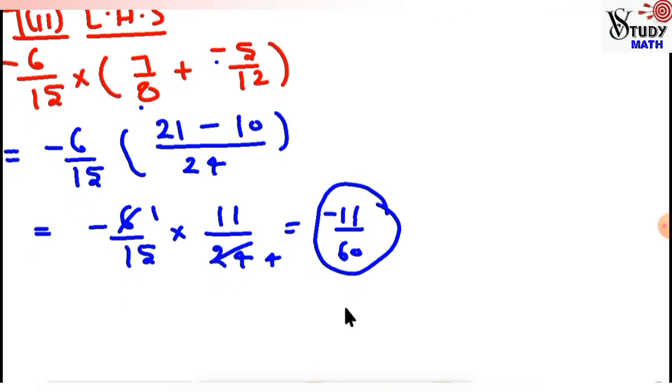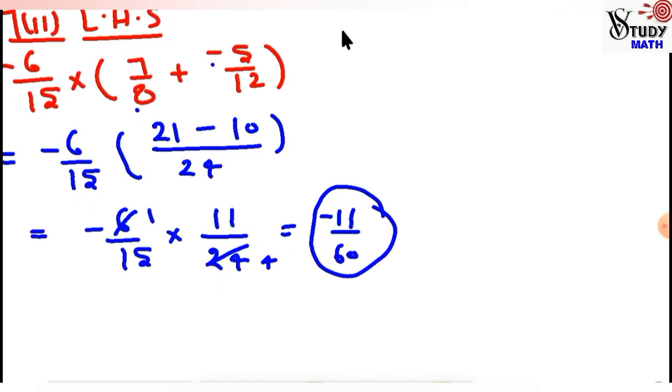Now try to find the answer of right hand side. Now take the right hand side here.